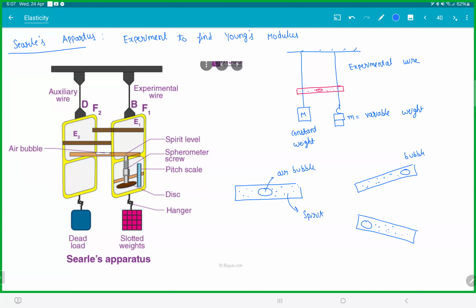If you see people in construction, when they're installing tiles or keeping something, they use this to see whether the floor is flat or not. So when it is horizontal, the bubble is exactly in the middle. So this is useful to know whether the wire got stretched or not. When it is horizontal, the air bubble is in the middle.